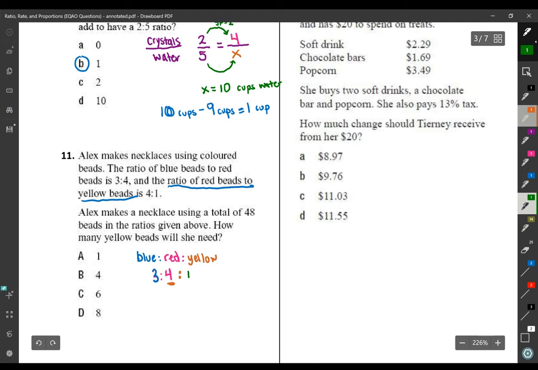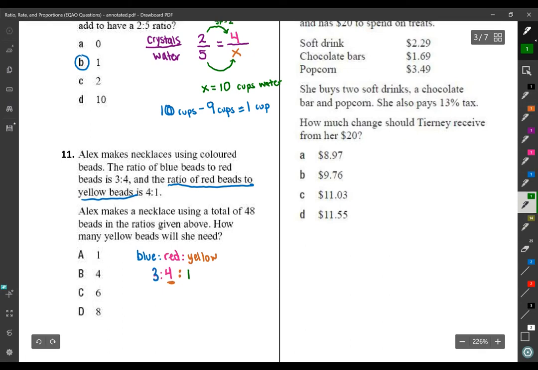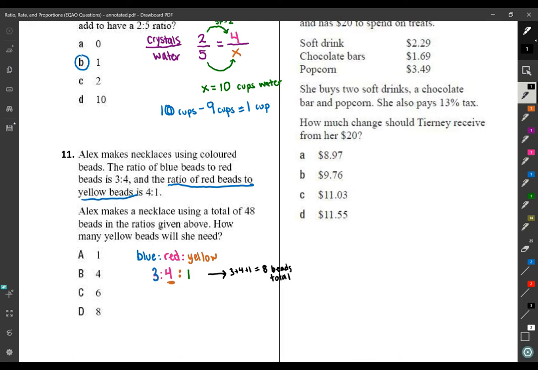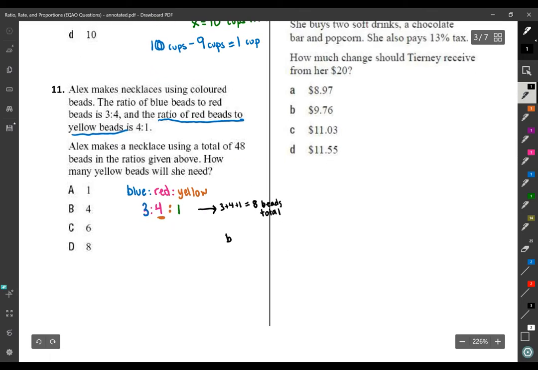What this also means is that with this ratio, there are a total of 3 plus 4 plus 1, meaning 8 beads total. So the ratio of blue to total beads is going to be 3:8.